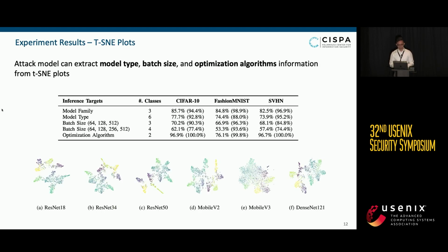Our results show that the attack can successfully extract the model type, batch size, and optimization algorithms from the target image classifier trained on 3 different data sets. If we assume a strong adversary who has knowledge of all model information except for the inference target, with the attack accuracy presented in the parentheses, we can see the attack can achieve extremely high accuracy.